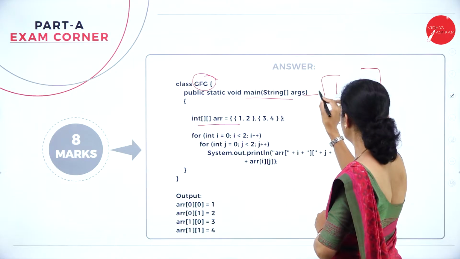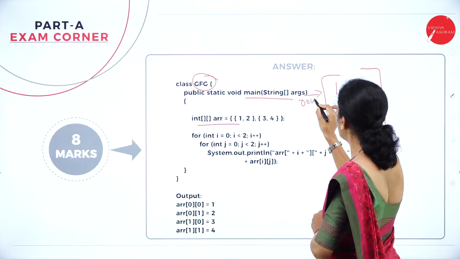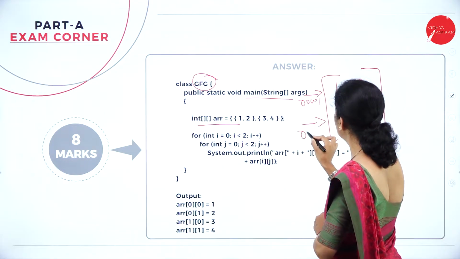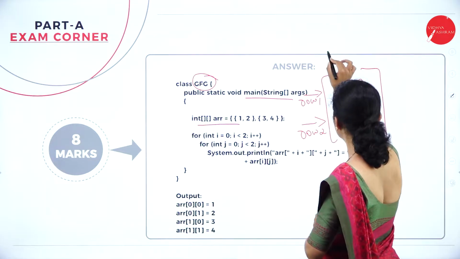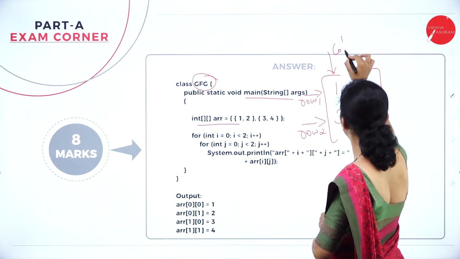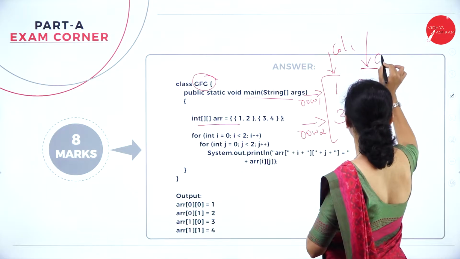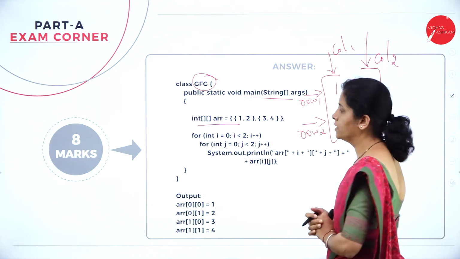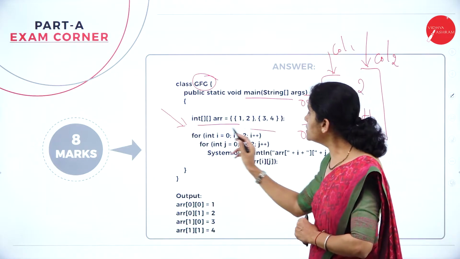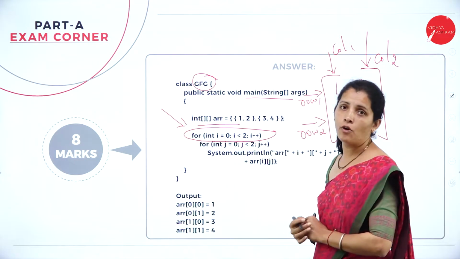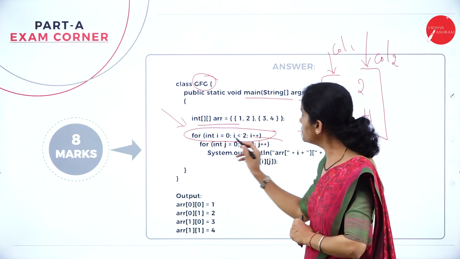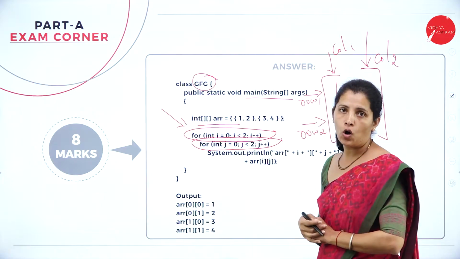This one is row 1, this is row 2, this one is column 1, and this one is column 2. So dear student, this for loop is for row and this for loop is for column.